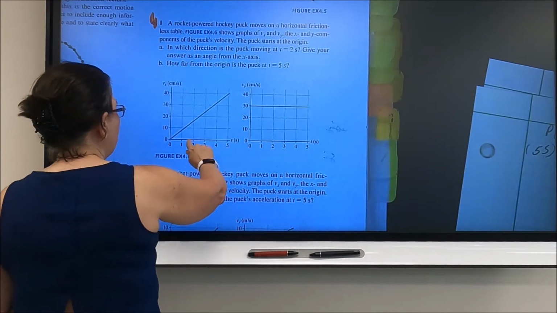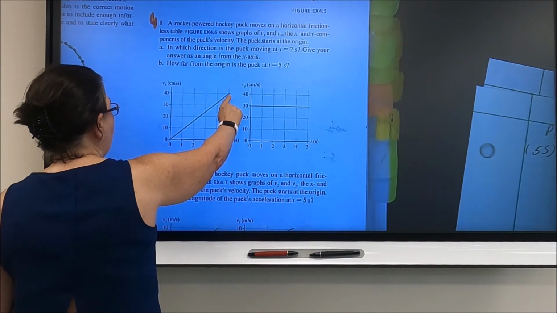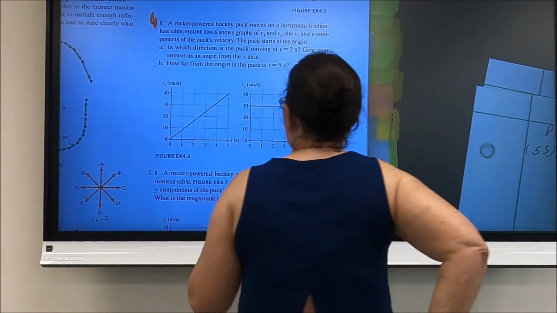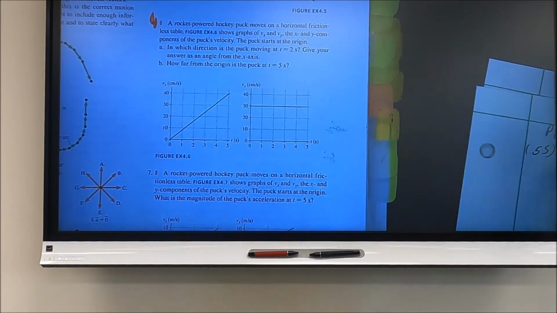So our x position is 5 times 40 divided by 2, because that's a triangle, 1/2 base times the height. So our x final position, assuming that we started out at 0, would be 5 times 40 divided by 2. So x final would be 100 centimeters.